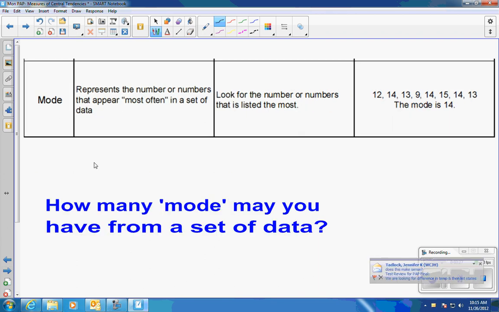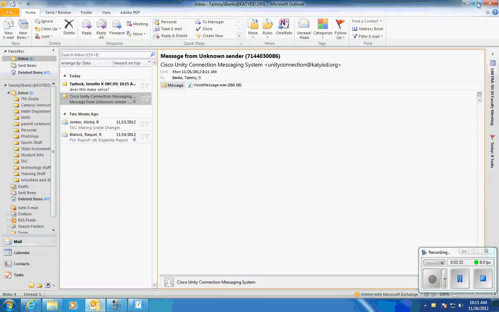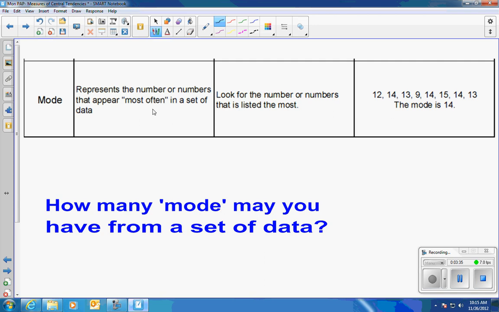Mode represents the number or numbers that appear most often in a set of data. So we're going to look for the number or the numbers that are listed the most. In this particular case, we've got 14 listed 3 times. Now, yes, 13 is listed more than once, but it's not listed the most number of times.